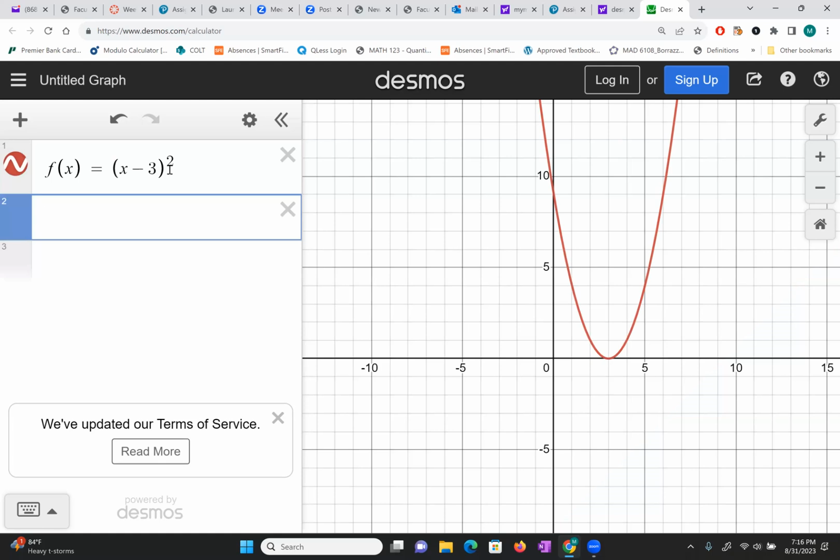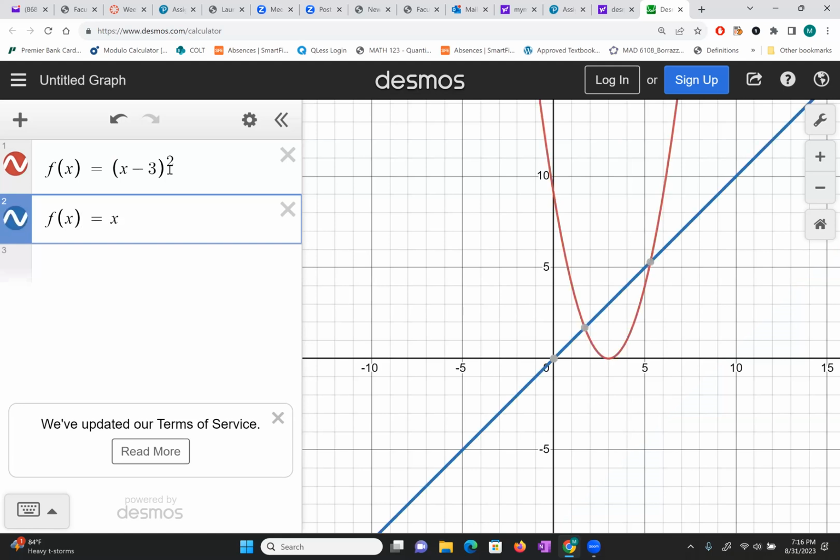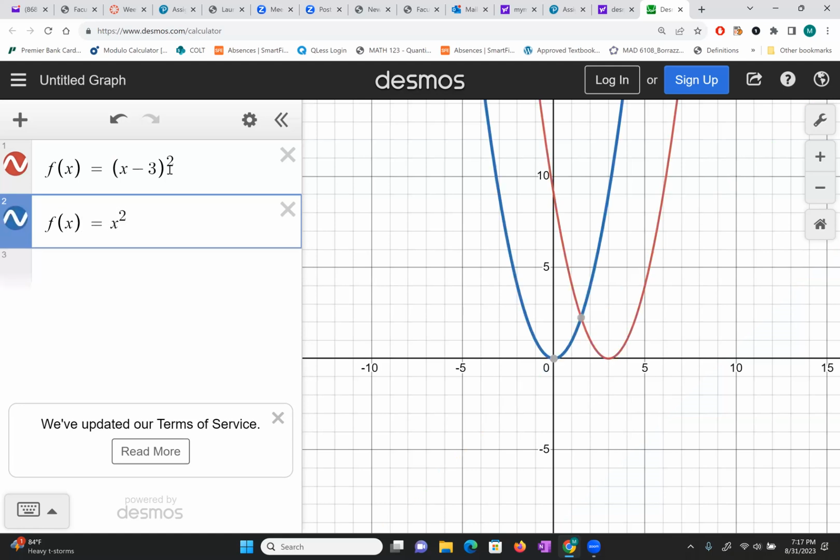Here's the original. I'm going to put the original so you see it side by side. In the original, I'm asking you to look at this as x squared in the blue. What happens when it's -3? Which way did it go? It went towards what side? Left or right? The right.